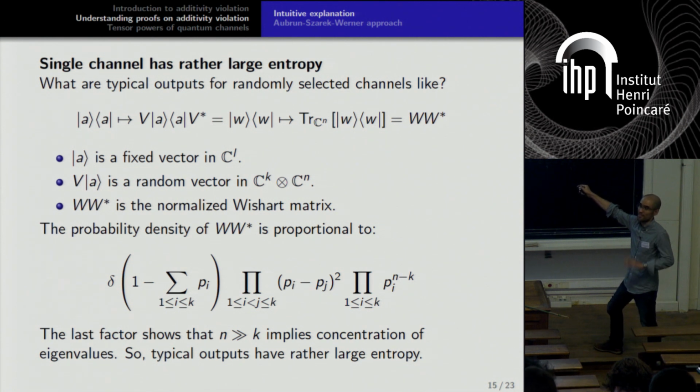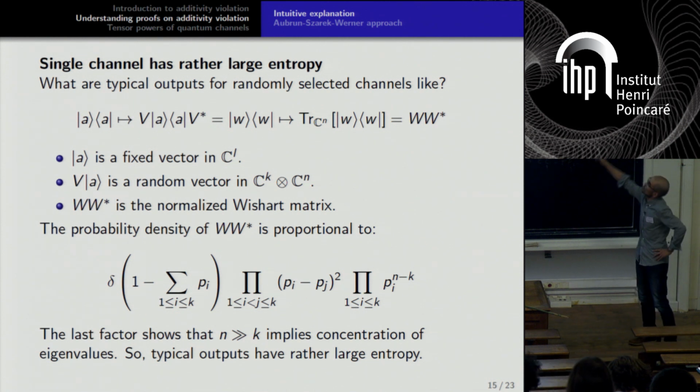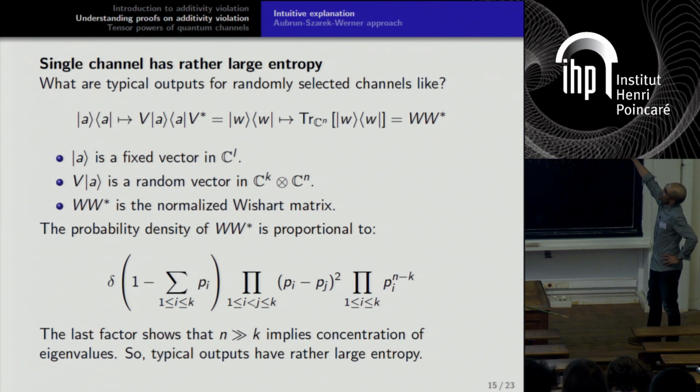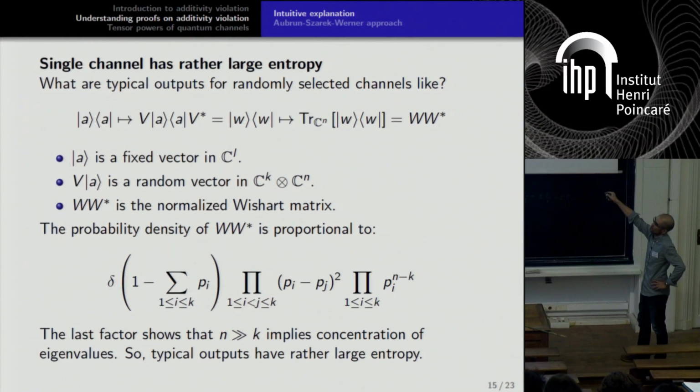As I mentioned, we only have to think about the pure input, like A, and this A is embedded into a larger space by V. Let's write V times A as W. This is just a vector in a bipartite system, and we take the trace. By taking the trace, in terms of matrices, we reorder the elements of a vector to get a matrix. The reason I use W is that this is a Wishart matrix, but a bit normalized. Suppose we have a random vector here.